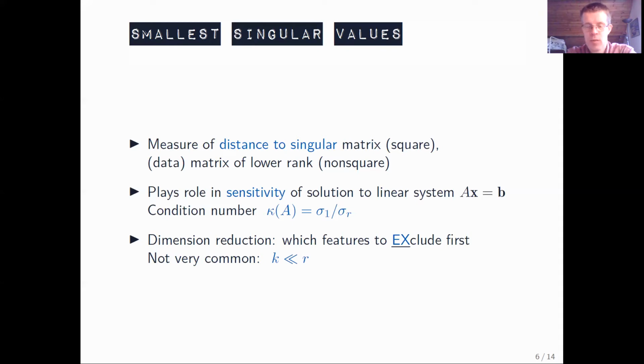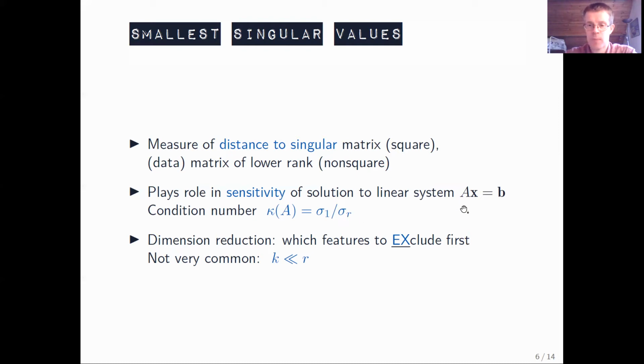Often in inverse problems, ill-posed inverse problems, the data matrix may be singular or maybe not full rank, and this is very complicated, especially in the presence of noise. This very important linear system, just Ax equals b, square matrix, the sensitivity of that problem can be shown to depend on this condition number, which is the largest divided by the smallest.